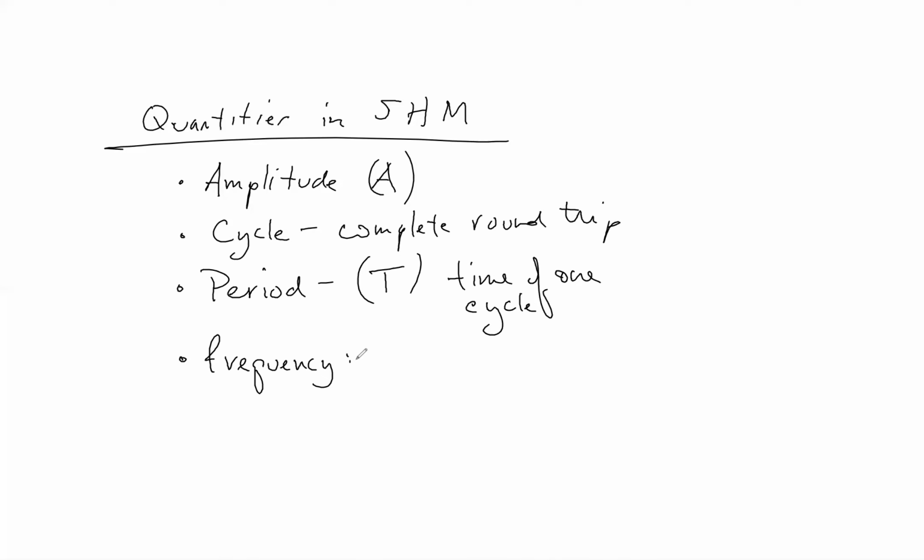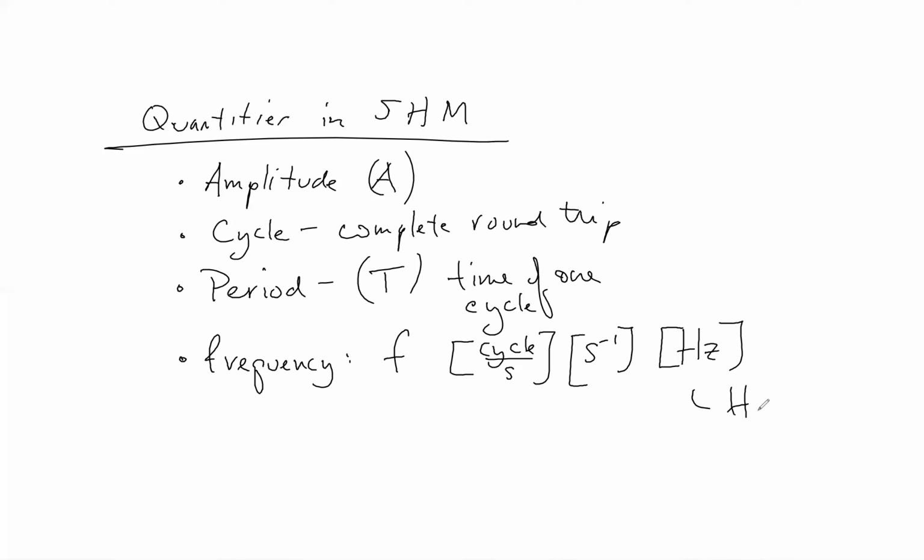We're going to call it f with a little f. The units are going to be a cycle per second, which, because a cycle is basically unitless, we could call inverse seconds, and that is also a hertz, after Heinrich Hertz, a German radio scientist.